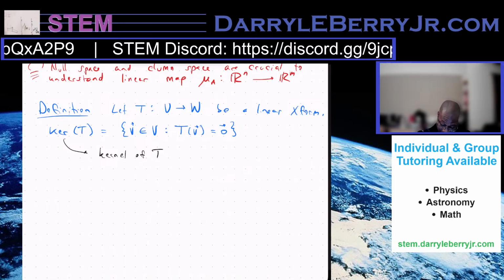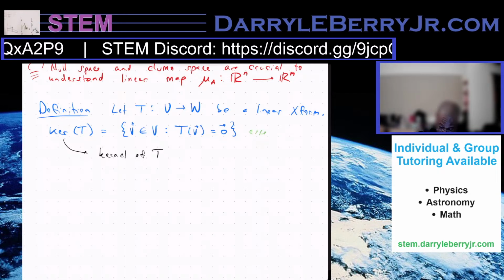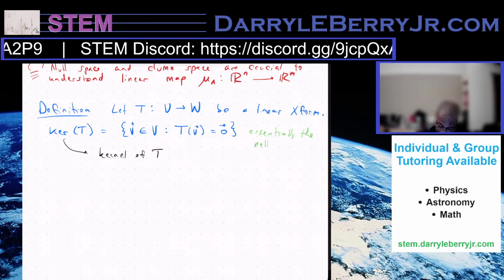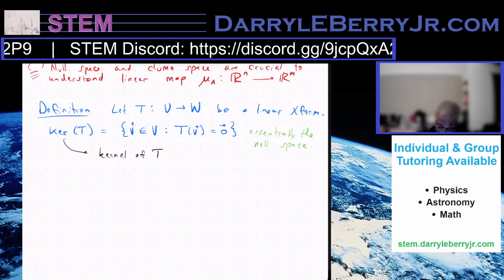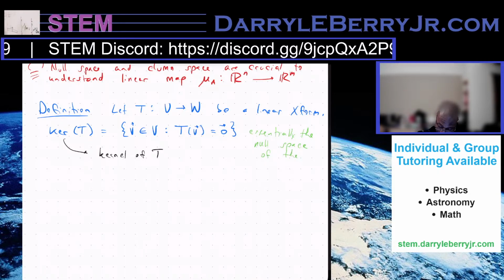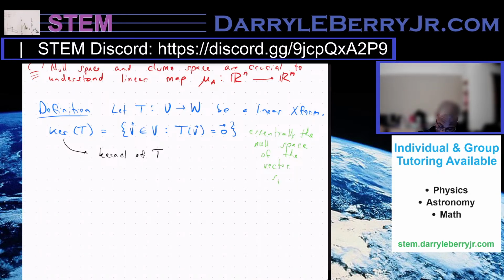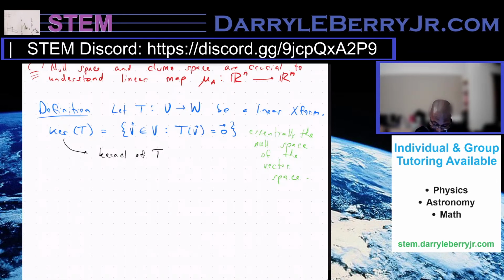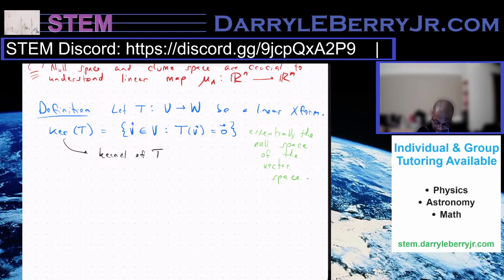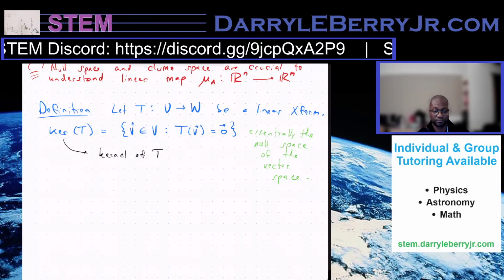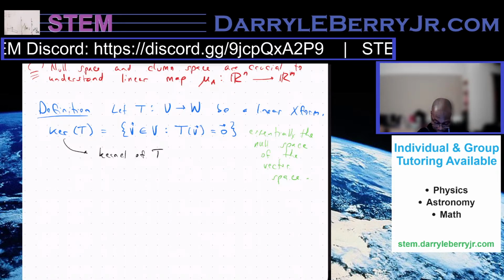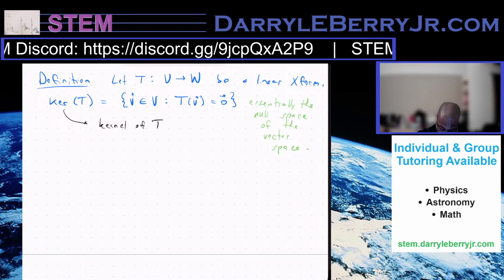So like Professor was confirming today, this is essentially the null space of the vector space. The kernel of T are all the vectors that when you put them in a transformation, it equals 0. Because that's why they say the null space and the column space are crucial. And check the last video.